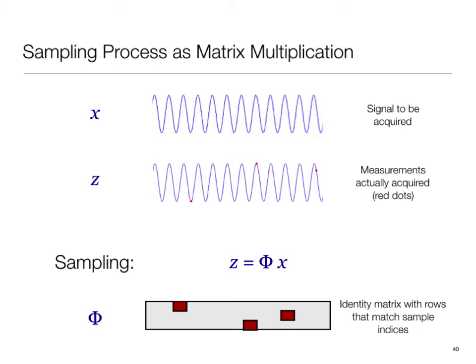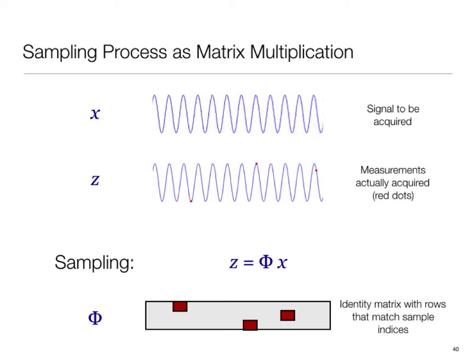I can think of my signal x as a long vector, the vector of what Nyquist rate sampling would have produced, and now I'm going to sample it at only certain points. You can think of it as multiplying it by a random matrix, and z corresponds to that. This is a sparse matrix where the ones indicate what I'm sampling.